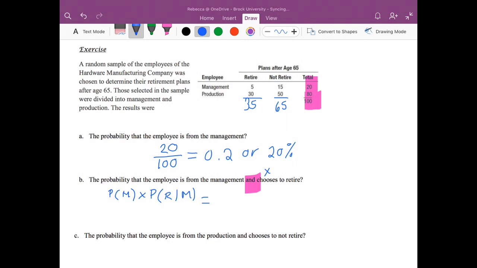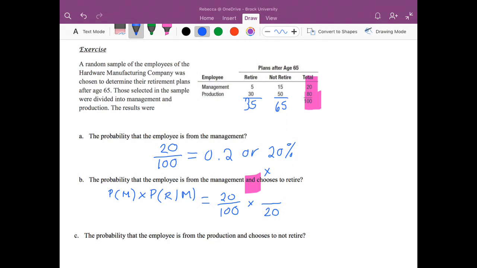So there's 20 people from management out of the 100 people. And I'm going to multiply that by the probability that that person I chose from management is choosing to retire. So remember that there's 20 people in management. So this is going to be out of 20. I don't care about the whole population now. I'm just saying if that person was from management, so one of the 20 people from management, what's the chance that that person chose to retire?